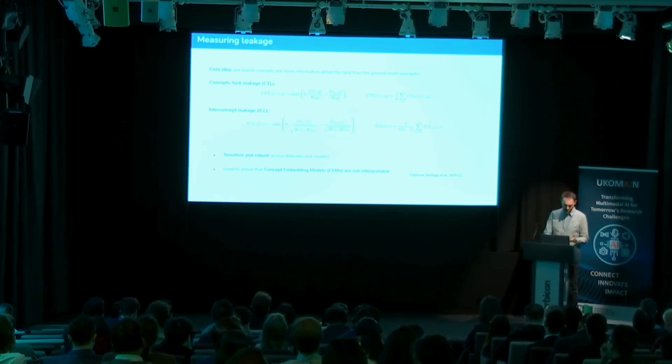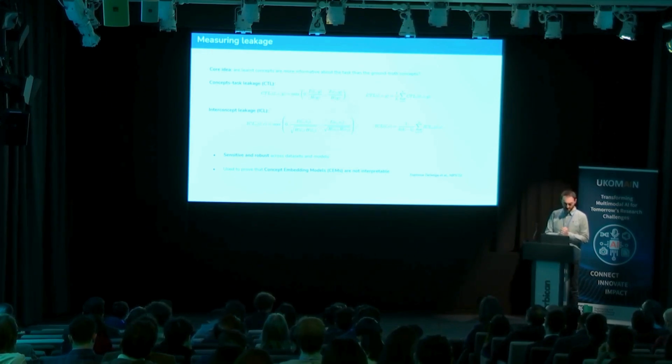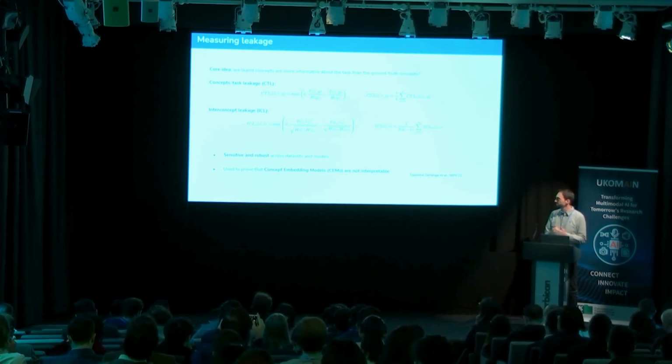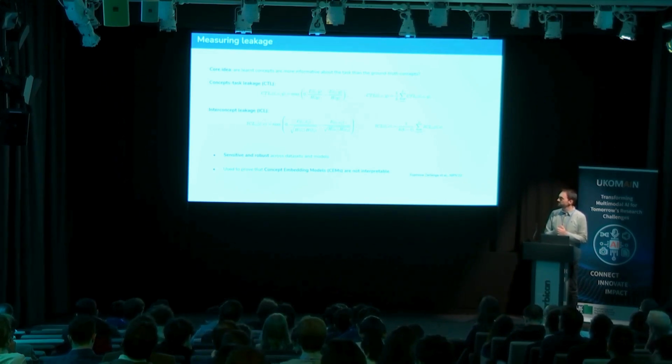And so here are some scores, the concept-task leakage scores, that formalize this idea, and there are more in the paper, of course. But what we found through a series of experiments across datasets and models is that this approach and these measures are actually quite sensitive and robust.